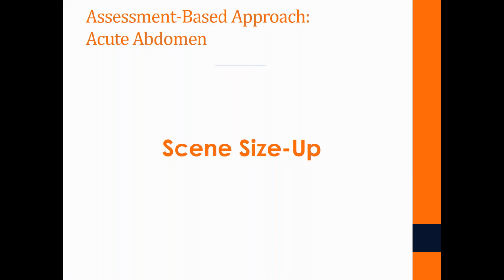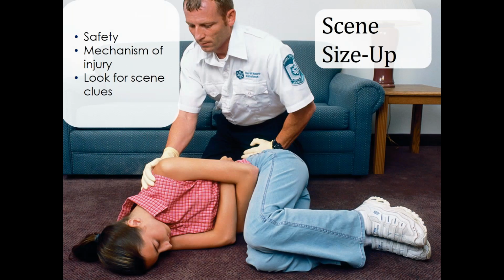Well, now let's talk our assessment. Just like any other assessment, we start in the exact same place. All of this stuff is done in a regimented fashion for a reason. So first things first, scene safety, BSI. With abdominal pain, we start thinking mechanism of injury versus nature of illness, because it could be one or the other or both.